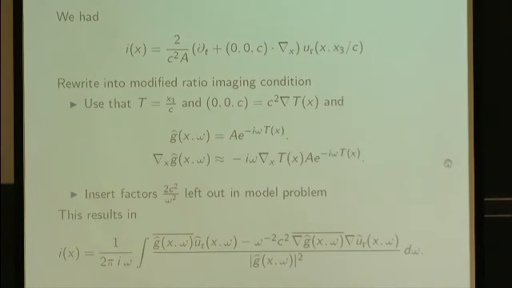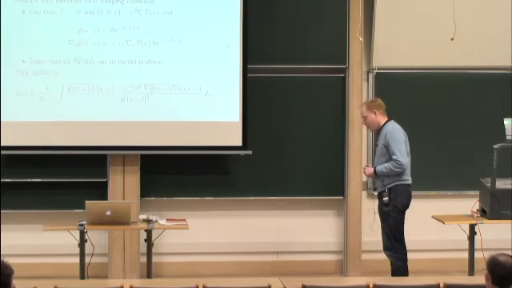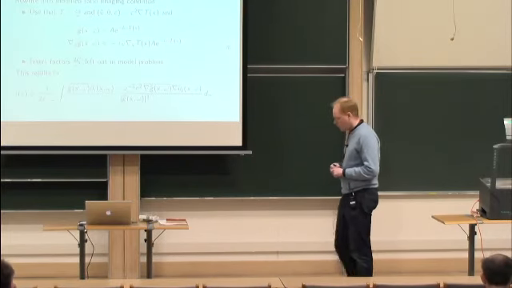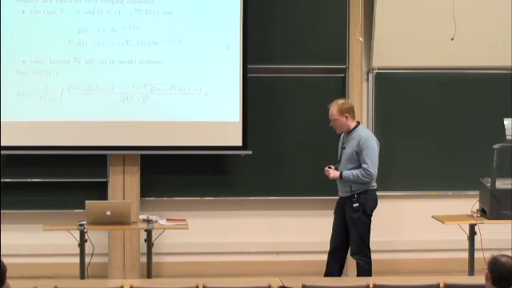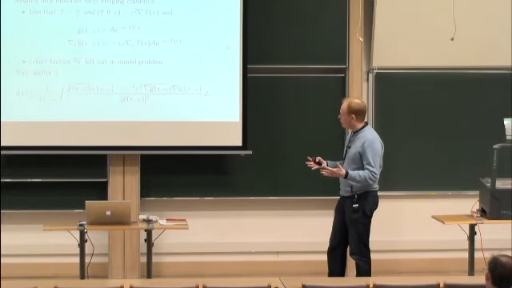Okay, so it's a constant coefficient analysis that gives you the imaging condition. However, to prove that it's good, of course you have to go to the variable coefficient case. First, in the variable coefficient case, you treat it as locally constant.